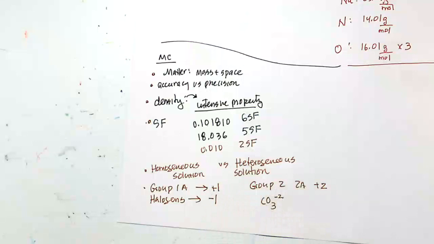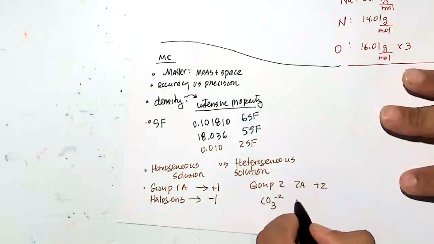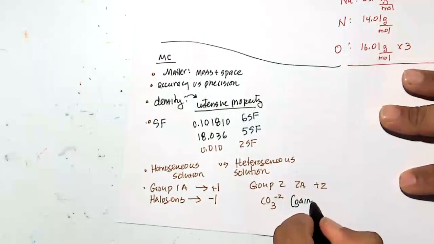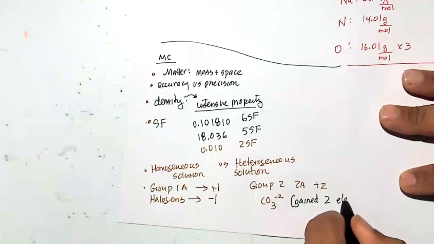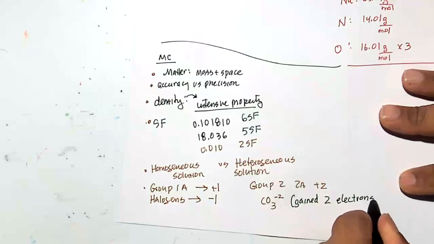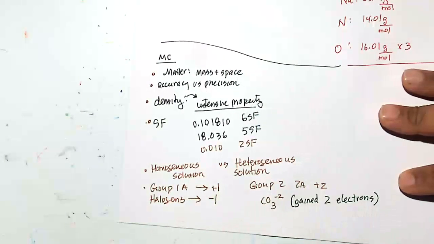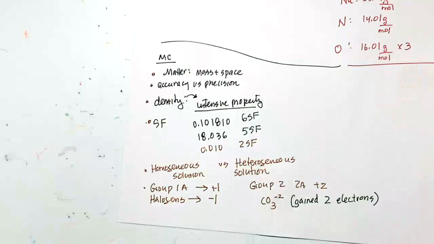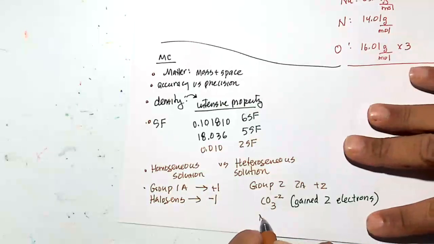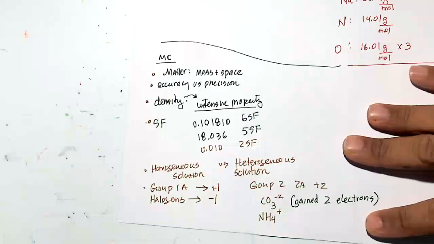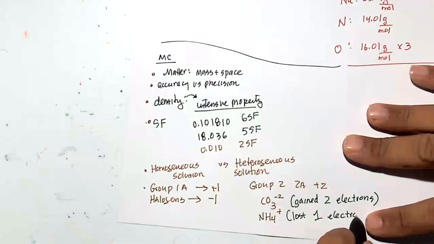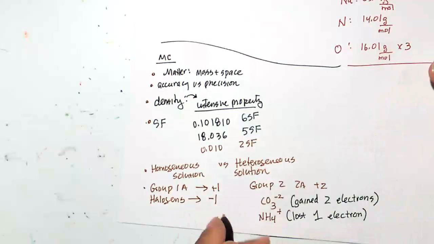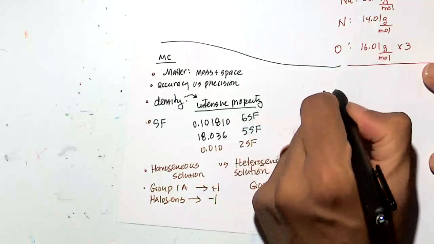Did it gain 2 electrons or lose 2 electrons? It gained 2 electrons. How about NH4+, the ammonium ion? It lost 1 electron. So like that on the exam.